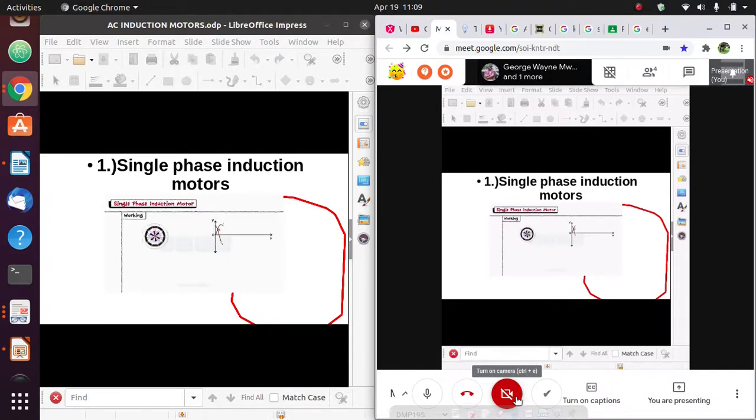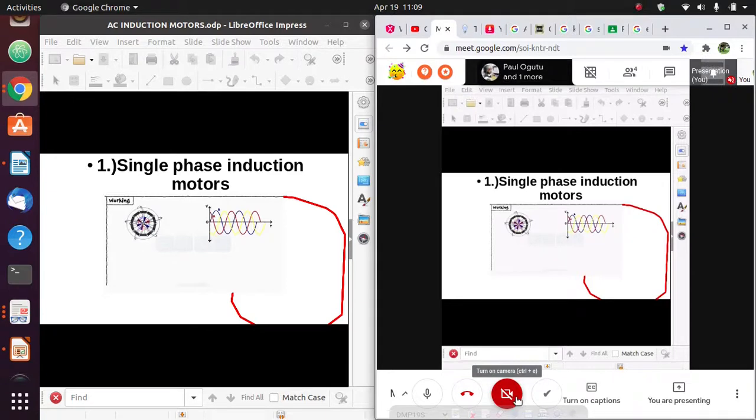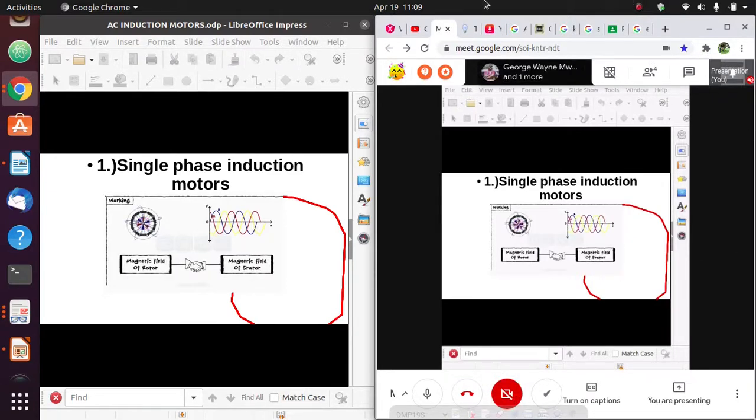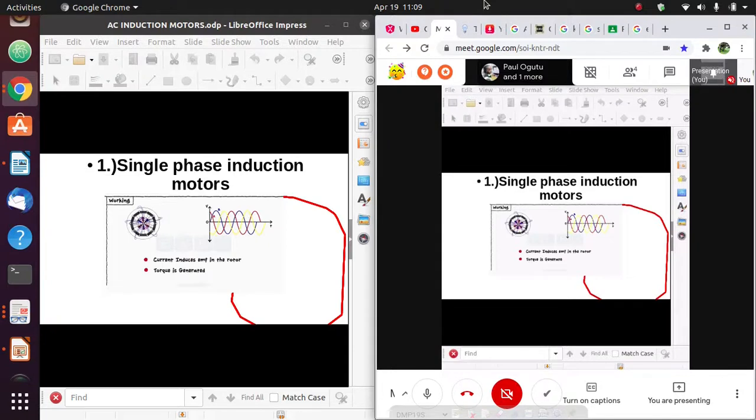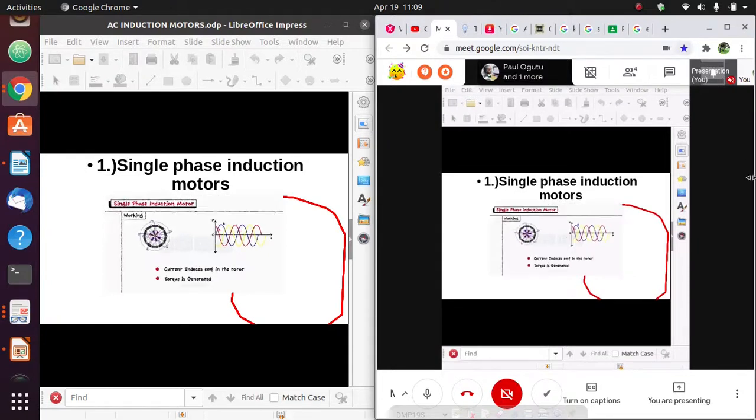Thus, once the 2-phase motor is supplied with single-phase AC supply, the rotating flux is generated. When these magnetic field lines are cut by the rotor conductors, current is induced in the rotor, and the torque is generated and drives the motor.